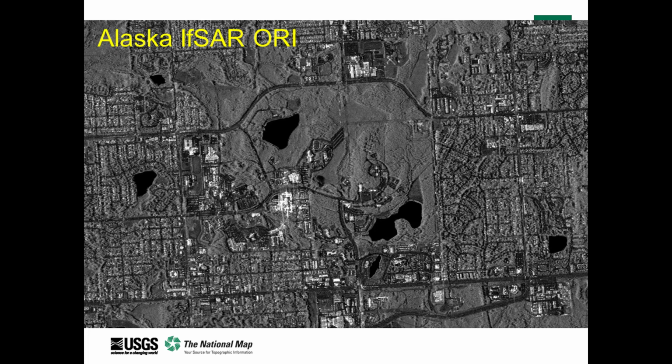The gray tones are based on the intensity of the radar return. Dark areas are more indicative of smooth surfaces such as paved roads or water. Rougher surfaces scatter the radar pulse and can create brighter returns. The brightest returns are often caused by man-made objects, such as sides of buildings, that can reflect the radar pulse back at the sensor.